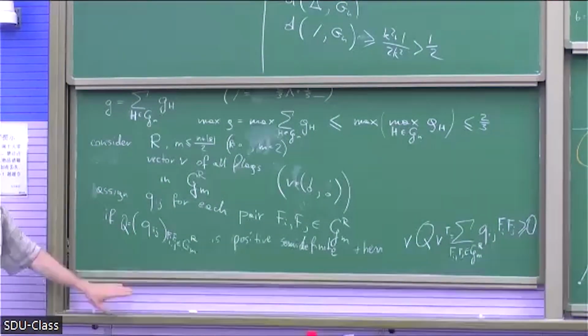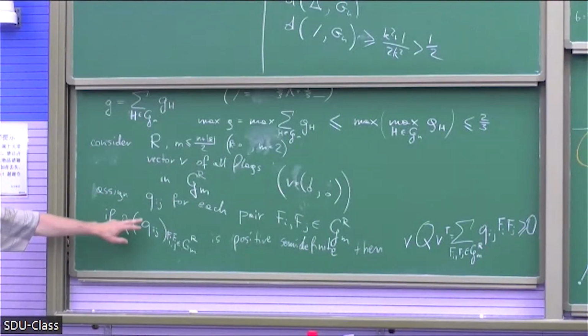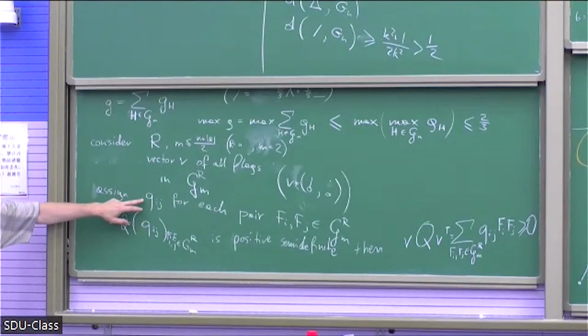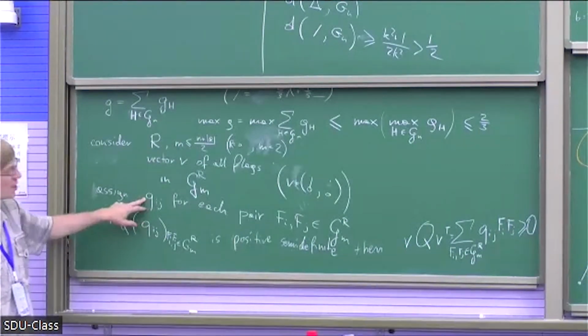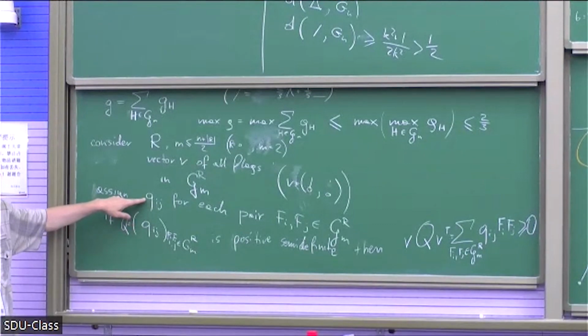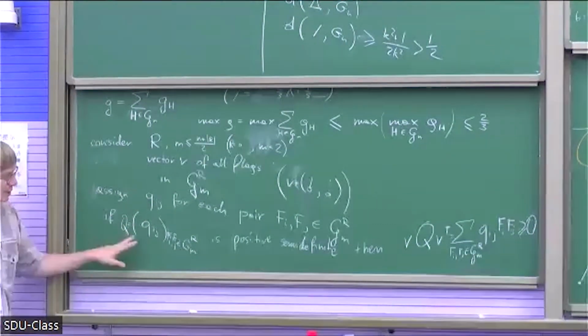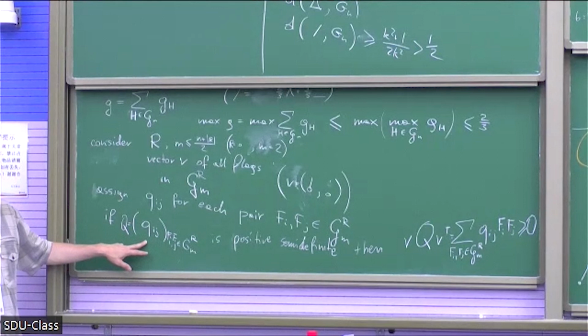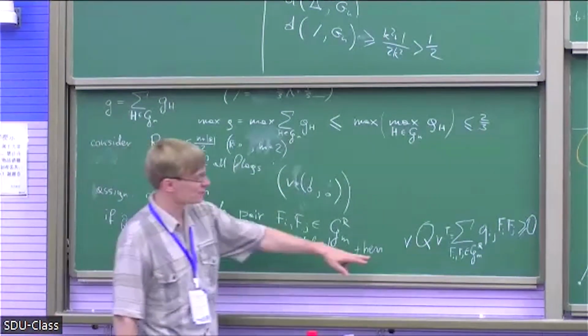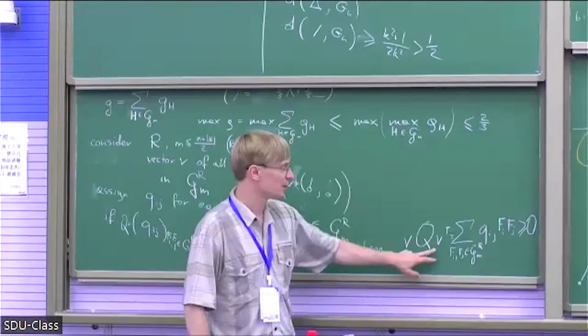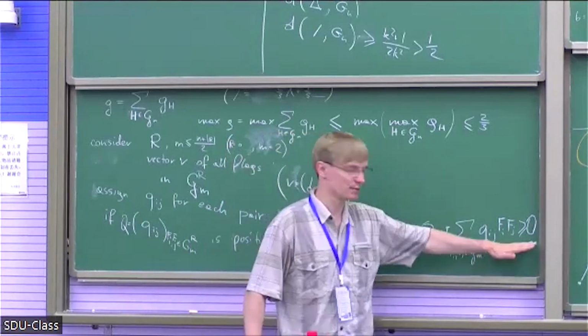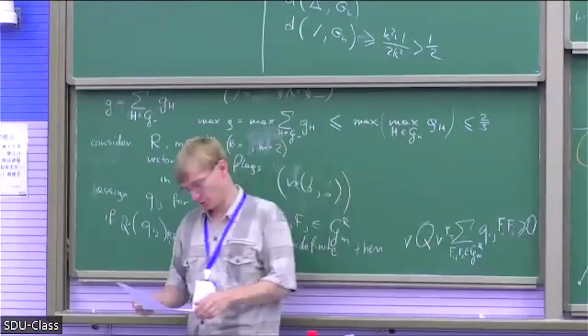In my case, I consider a specific matrix containing ones on the diagonal and minus ones everywhere else. This matrix was positive semi-definite, so I can use the inequality that after multiplying by any vector, I have something which is non-negative.